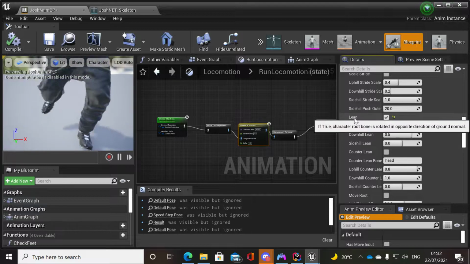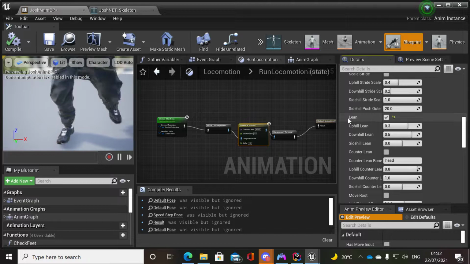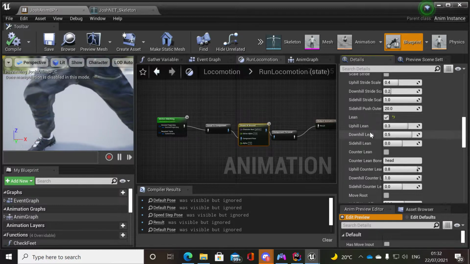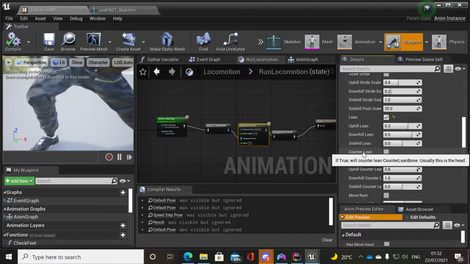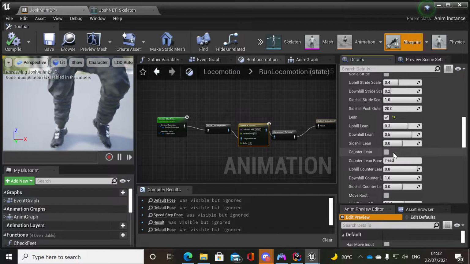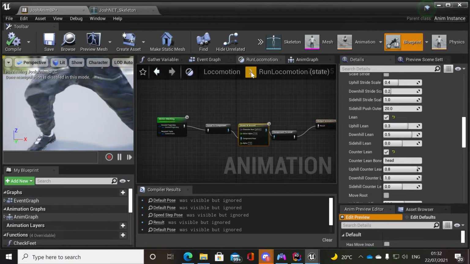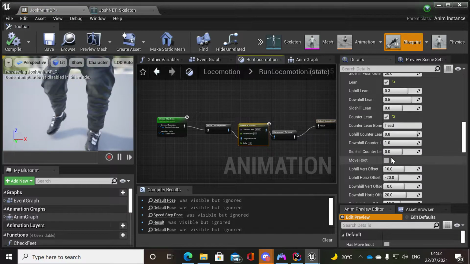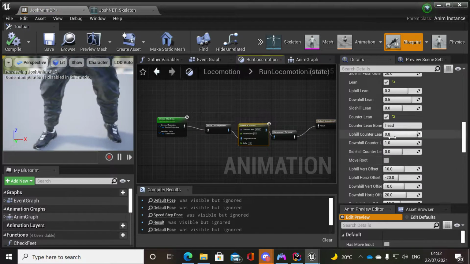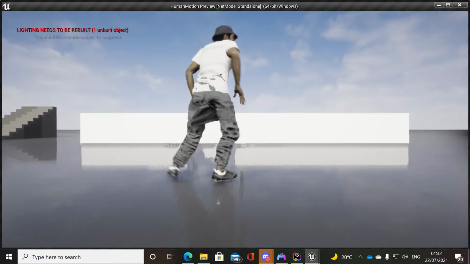What is counter lean, if it's already uphill and downhill? I think that means if it's going uphill, it will lean in the opposite direction. So counter lean's already on. I saw it before in the locomotion, it was already on there.